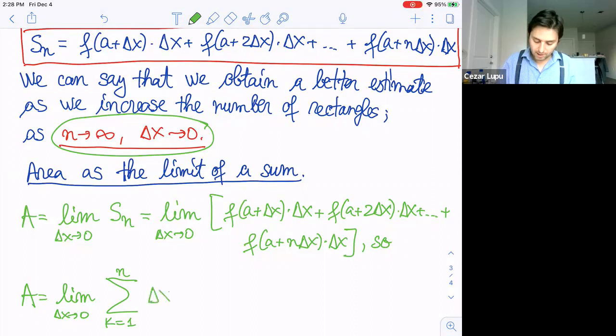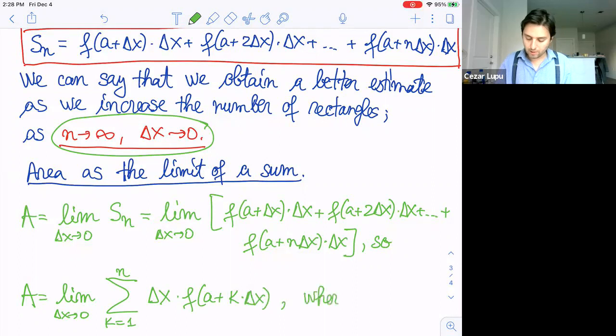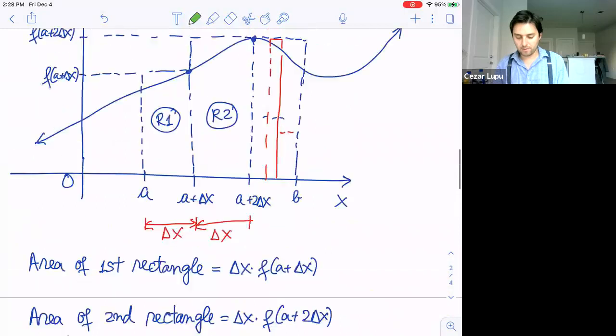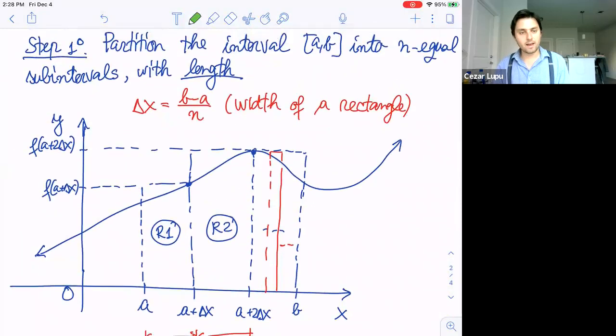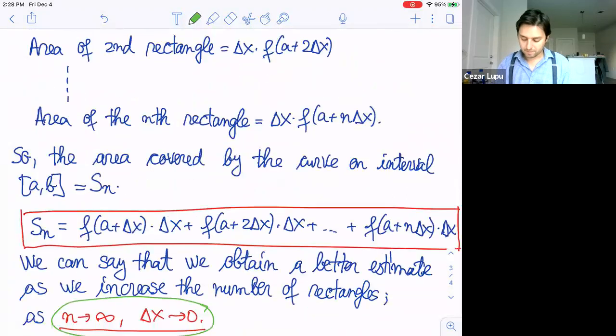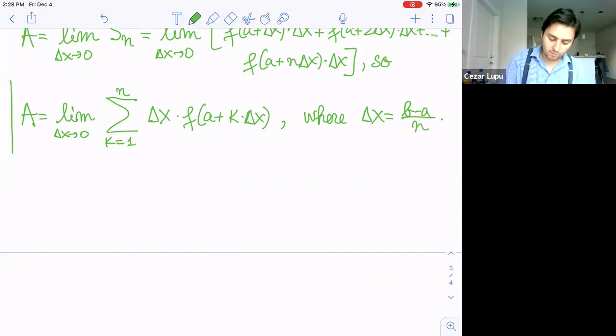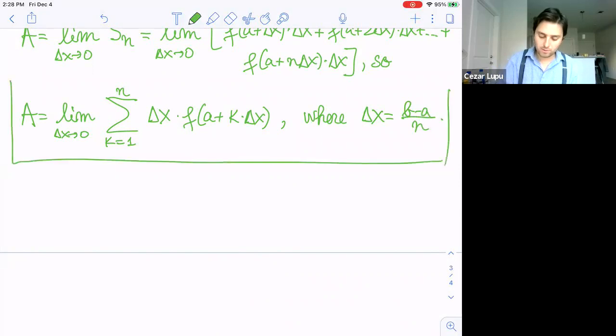So this would be delta x times f of a plus k times delta x, where delta x, we know who delta x is. Look back at step 1. Delta x is nothing else than b minus a over n, where delta x is b minus a everything over n.